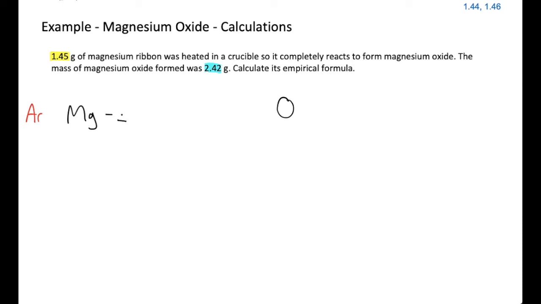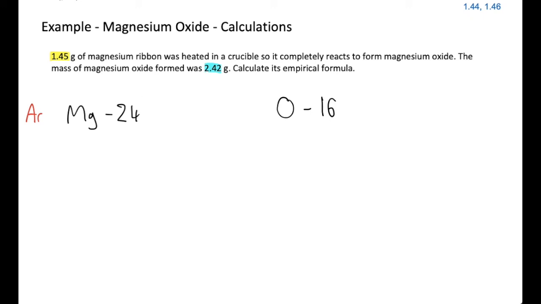This is 24 for magnesium and 16 for oxygen. The next step is to divide, in this case, the mass in grams of each element by its atomic mass that we've already found. This is the extra bit of work I was talking about.